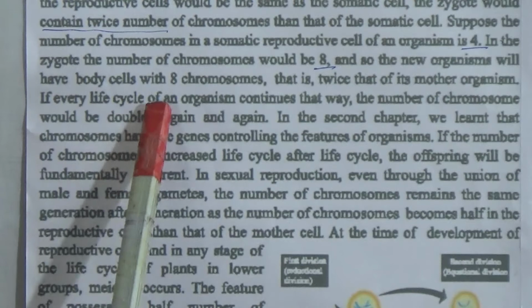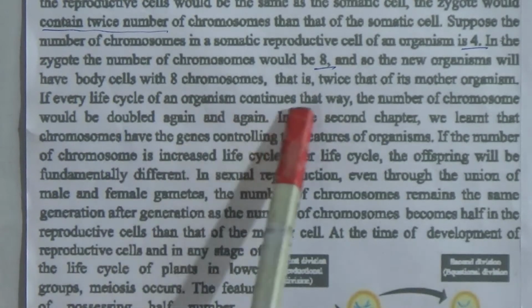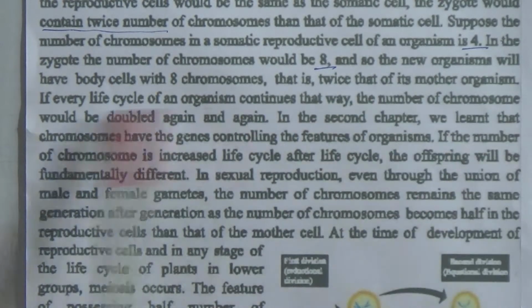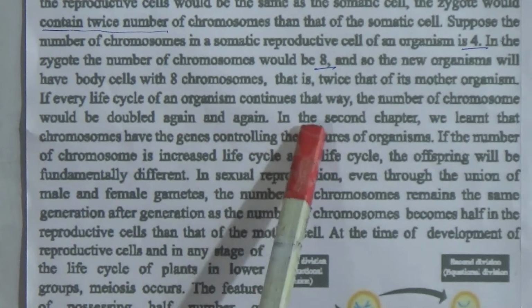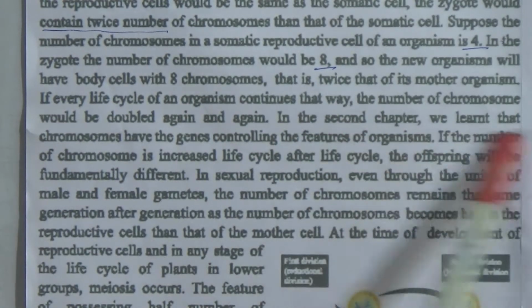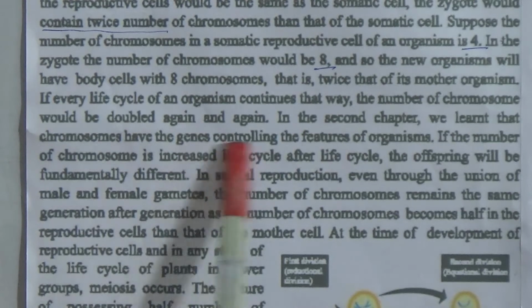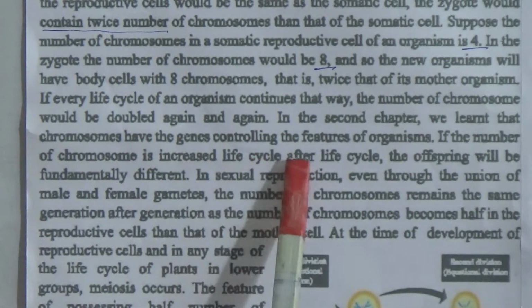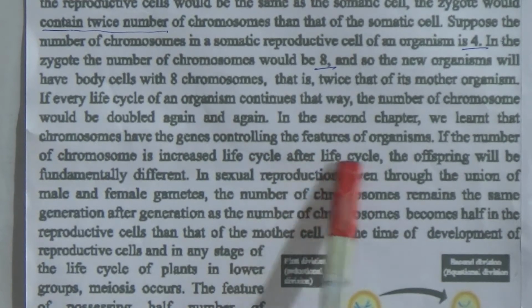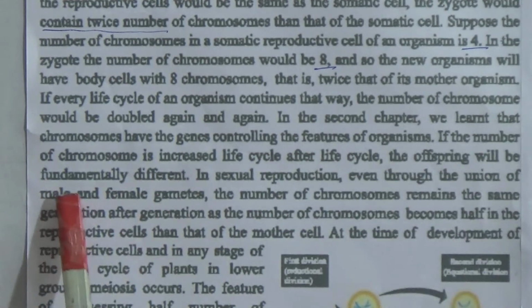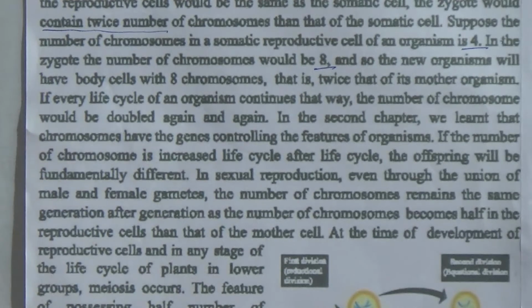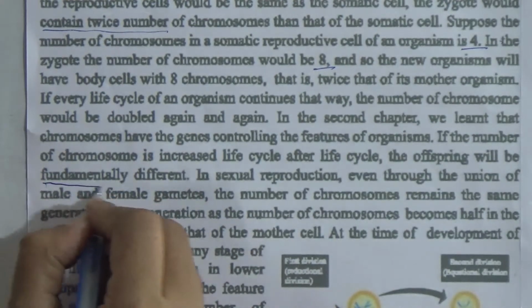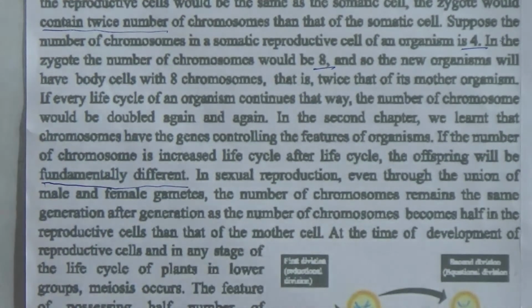If every life cycle of an organism continued that way, the number of chromosomes would be doubled again and again. In the second chapter, we have learned that chromosomes have the genes controlling the features of the organism. If the number of chromosomes increased life cycle after life cycle, the offspring would be fundamentally different, and this is why meiosis is important.